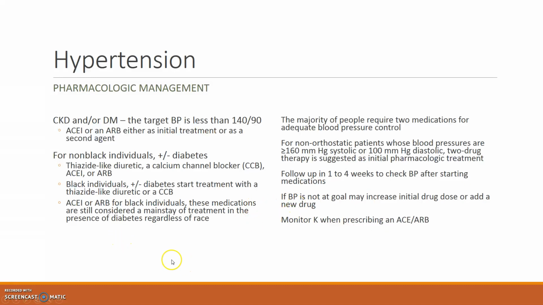And if blood pressure is not at goal, may increase the initial drug dose or add a new drug. And monitor that potassium when you're prescribing ACE inhibitors and ARBs. And just remember that when you begin to double a med you've started, you don't get double the effect. I've read some places 8-10% effect. So doubling and tripling and maxing out is not the answer.